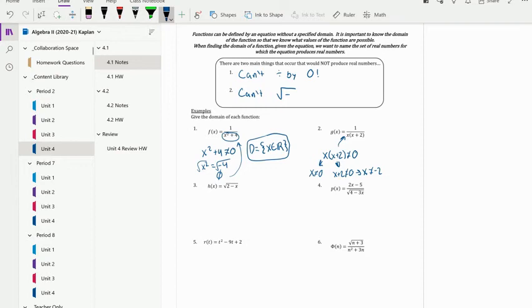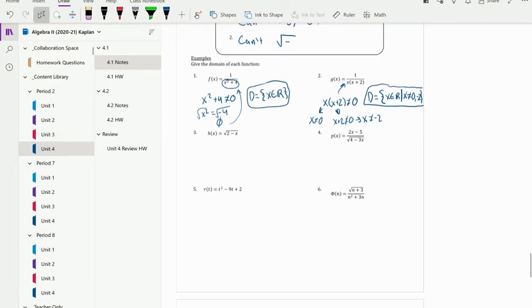So for our domain equals, fancy brackets, x is in all reals such that x does not equal 0 or negative 2. Those are the two things that x can't equal or we divide by 0.